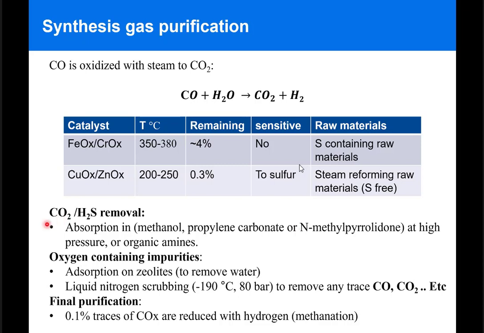The third step is carbon dioxide and H2S removal by absorption in methanol, propylene carbonate, or N-methyl pyrrolidone at high pressures. Oxygen containing impurities can also be adsorbed into zeolites to remove water, or scrubbed using liquid nitrogen at around negative 190 degrees Celsius and 80 bar to remove any traces of carbon monoxide, carbon dioxide, and so on.